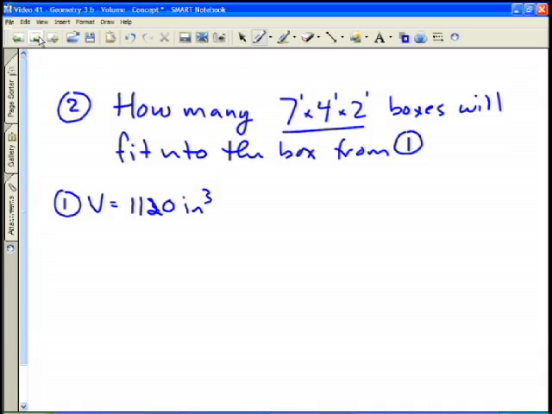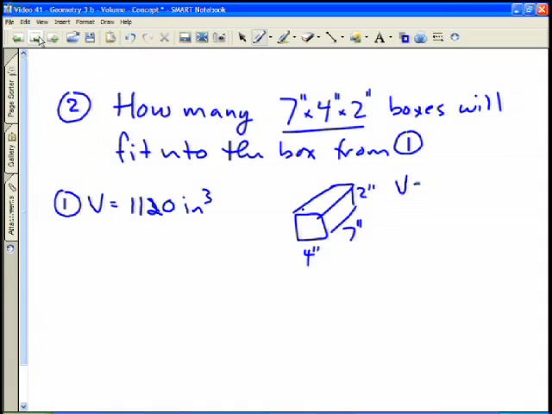So let's find the volume of this smaller box, and we know it's 7 inches by 4 inches by 2 inches.